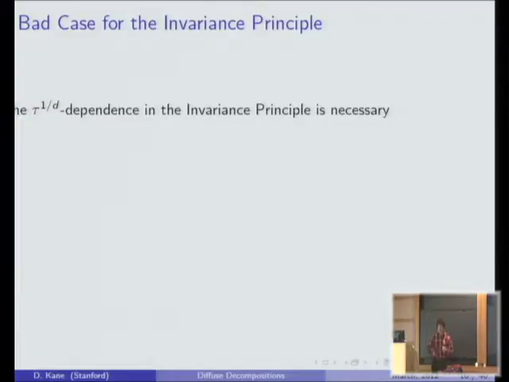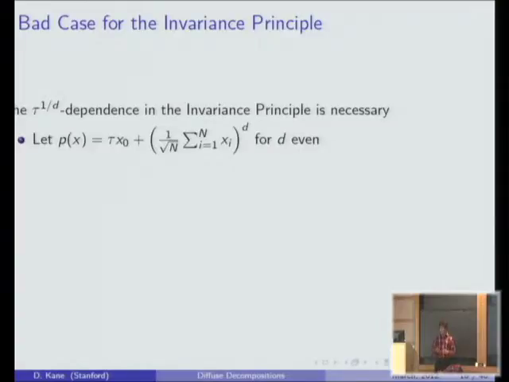So in order to see where the problem lies, let's talk about a bad case for the invariance principle. In particular, I'll show you that this tau to the 1 over d type dependence that we've seen is actually necessary. Let's take the polynomial p of x, which is tau times x naught, plus this other big linear term to the d, for d an even number.